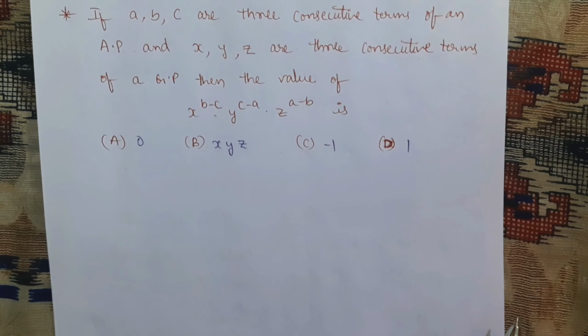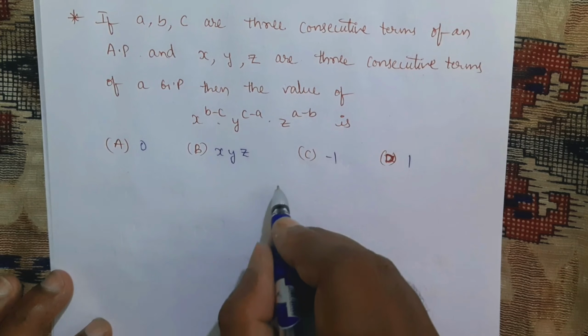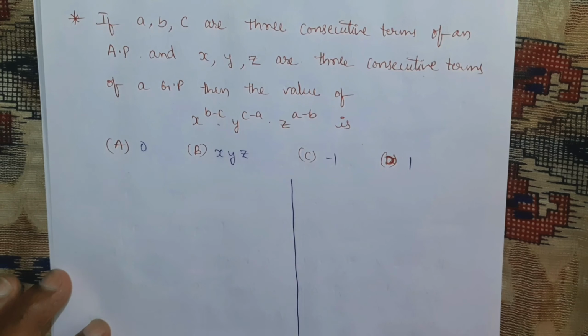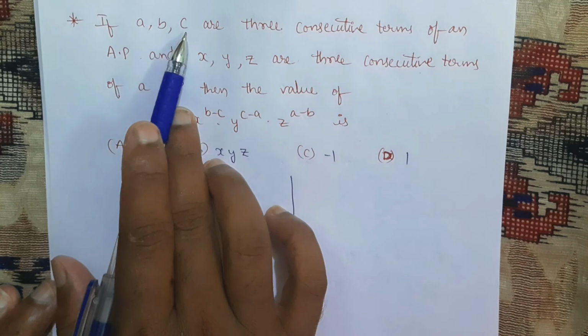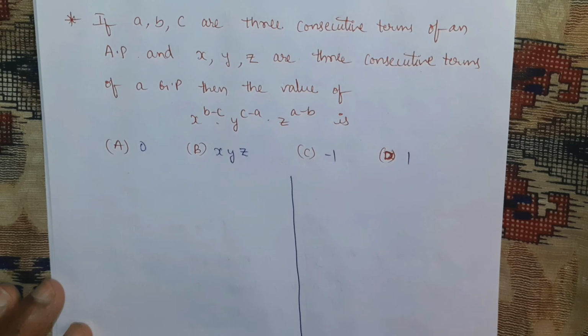We have 2 methods to simplify this problem. I will discuss both. First one, as they are telling a, b, c are 3 consecutive terms of an AP.